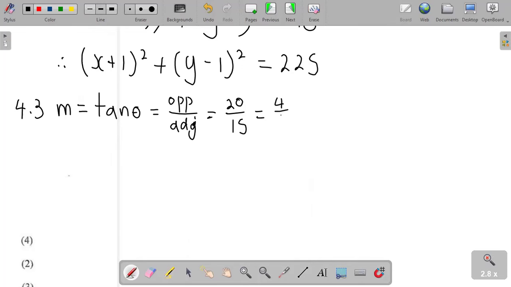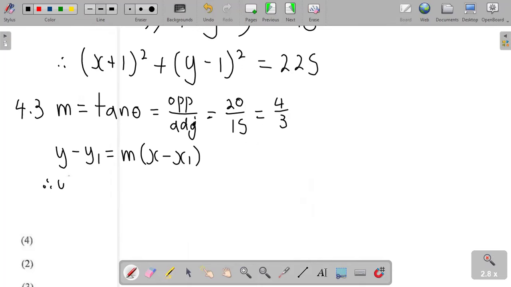So there is our gradient. Then we can go to the equation y minus y1 equals m times x minus x1.